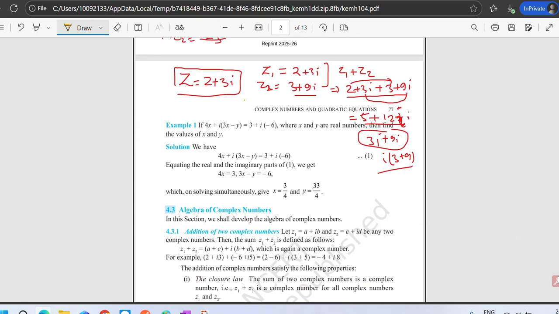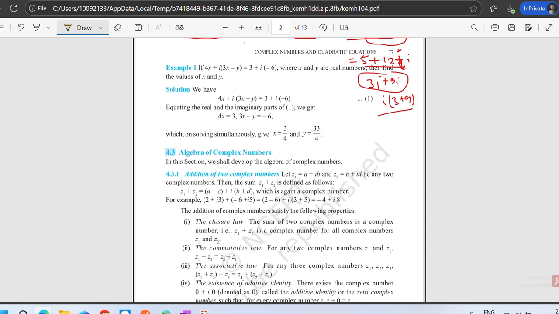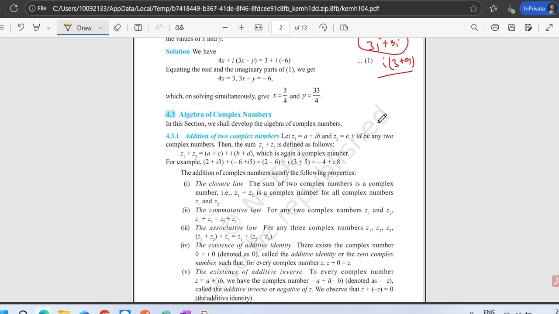Now we can do subtraction, multiplication and division also. Okay, so let's say we want to subtract z1 minus z2. So let's say z1 is 3 plus 2i. I'll take another value, so put it in a bracket because it's a subtraction, right? Then minus z2, you can write, let's say, any number, 3 plus 5i.